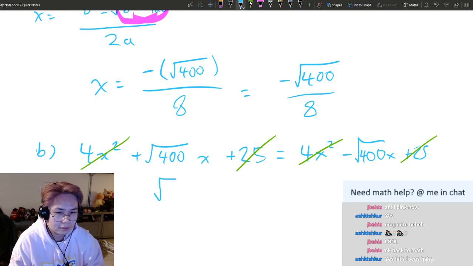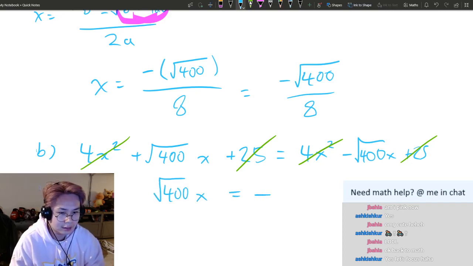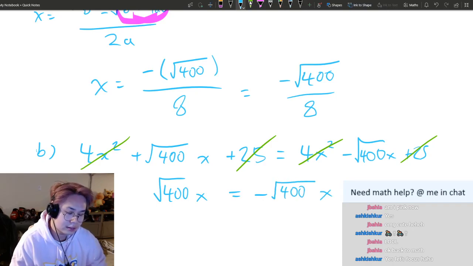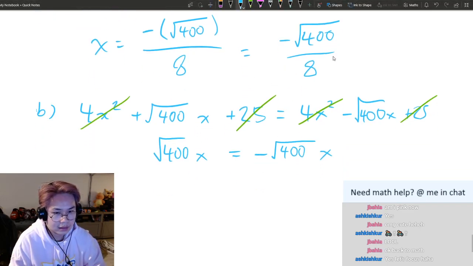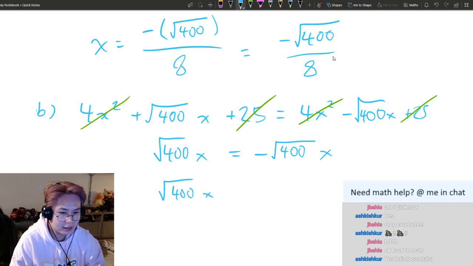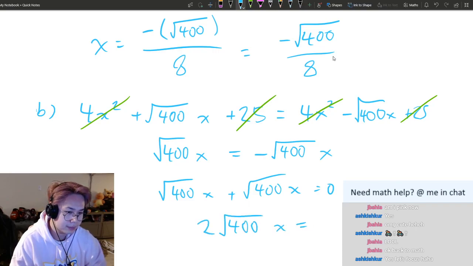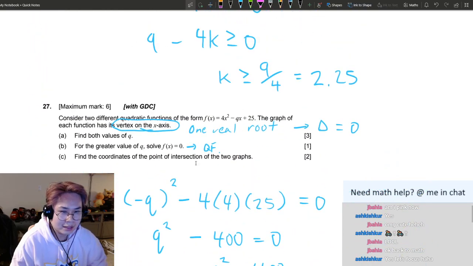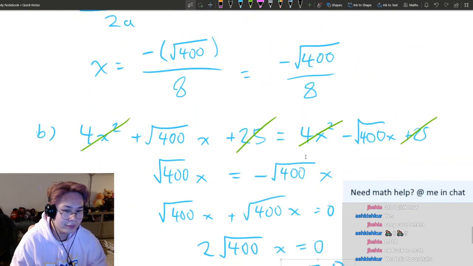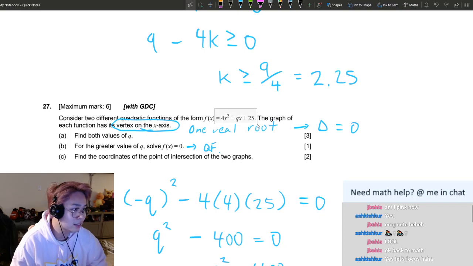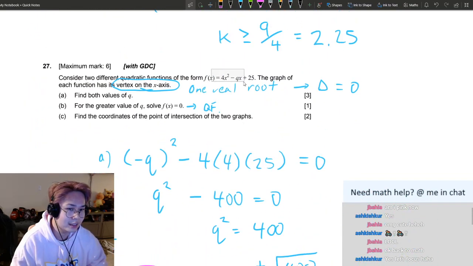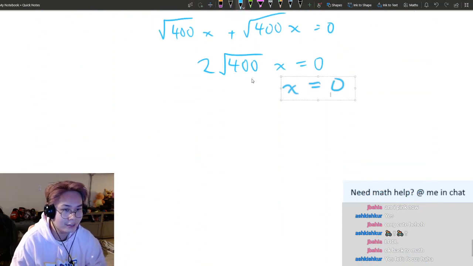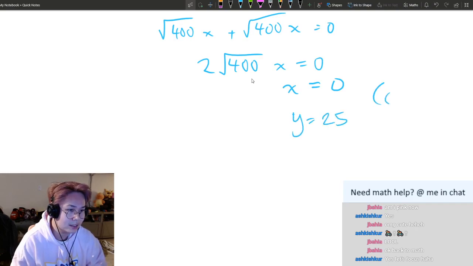So you got root 400 over here, is equal to minus root 400 over here. So if you put them together on one side, you get this, which is 2 400s. So they intersect at an x value of 0. And then it wants us to find the point, so we gotta take this x value and plug it into one of the functions. If you plug in 0, then anything with the x goes away, so the y value is 25. So here's your point of intersection.